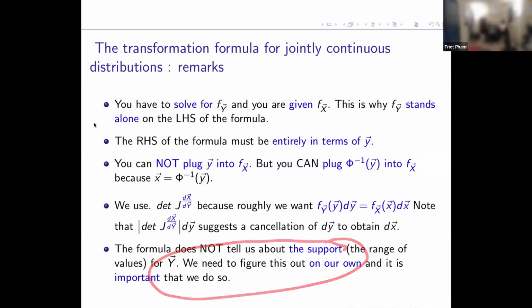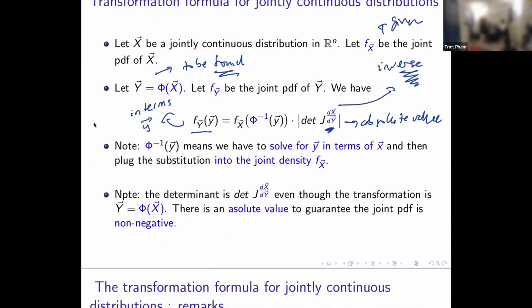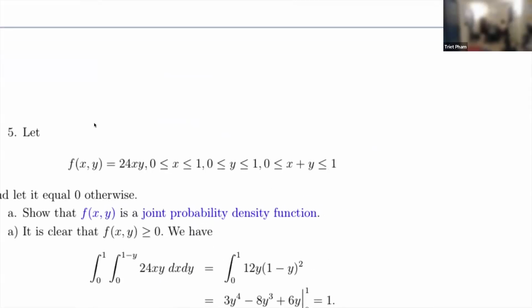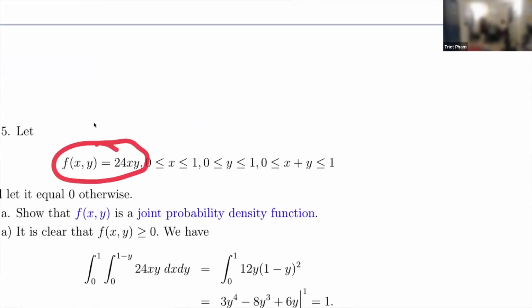This last one I didn't tell you, and it is actually very important. The formula itself, this one just gives you the form of the joint density. In terms of the problems we just did, it is something like this. It only tells you this much. That's what the formula tells you.